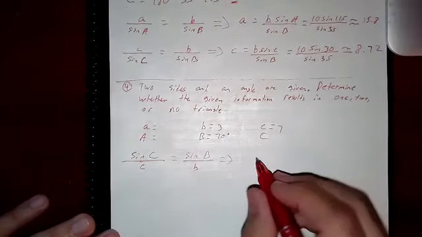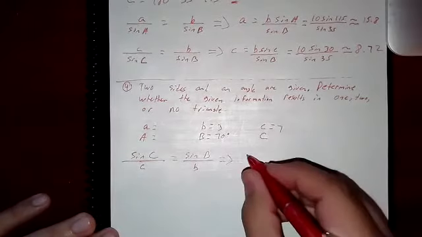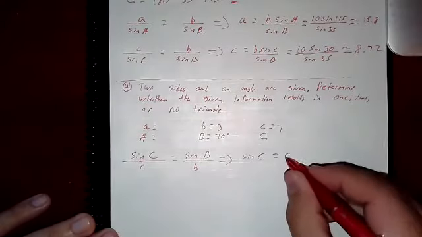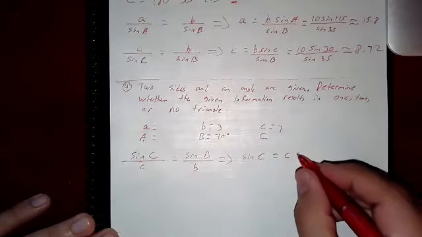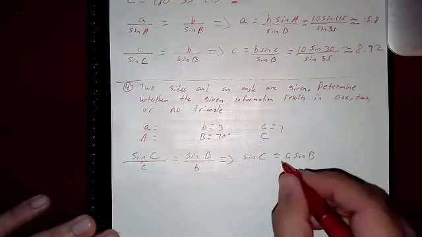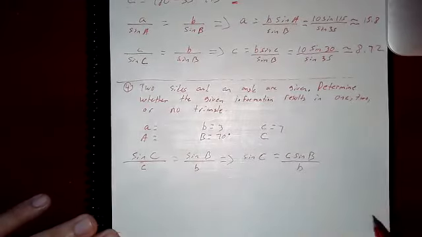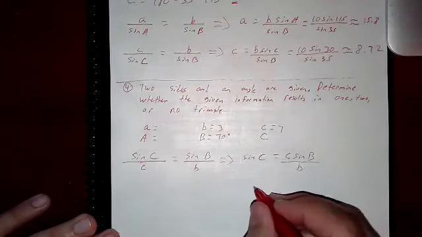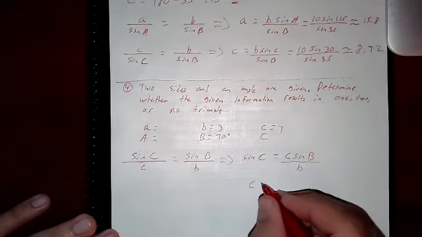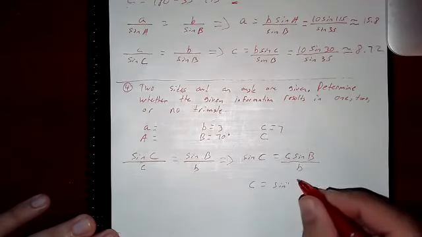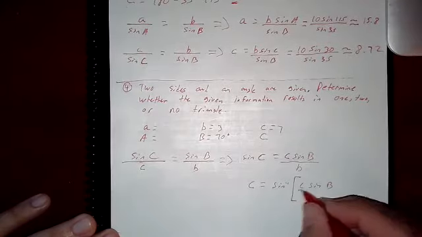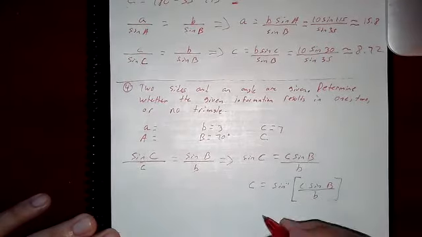So solve for C, we're looking for the angle, so sine C would equal c sine B over little b, which means that C would equal sine inverse of all this stuff.